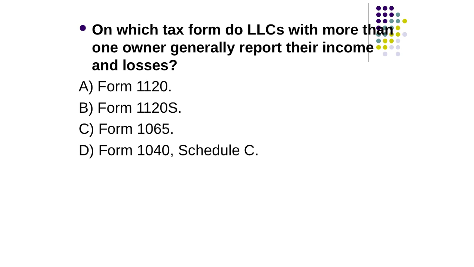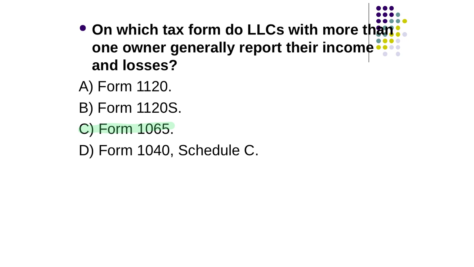Last question. On which tax form do LLCs with more than one owner generally report their income and losses? Give you a second to think about it. And the answer to this one is letter C, Form 1065.